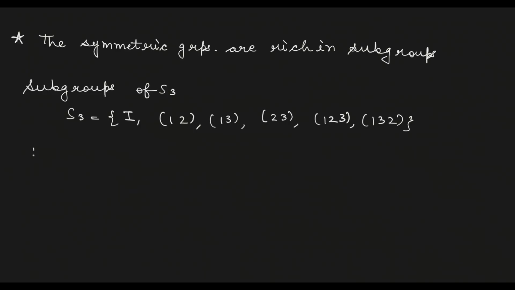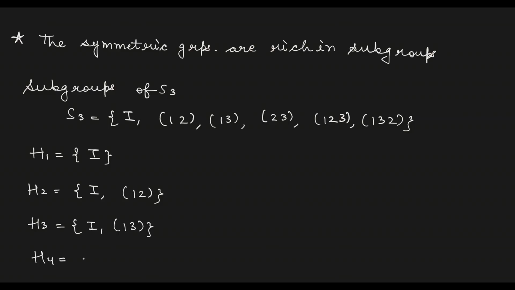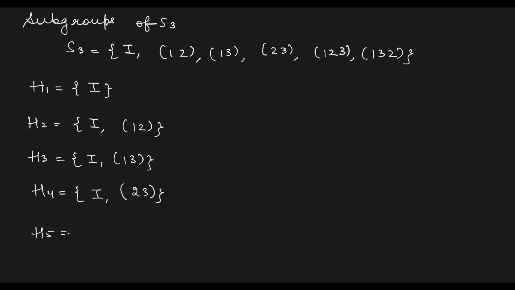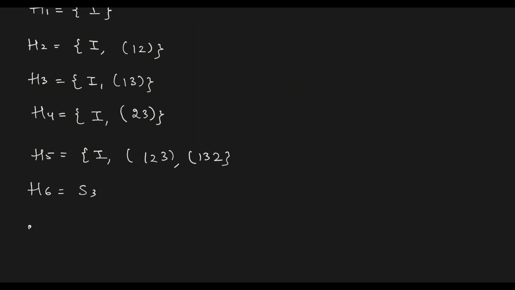So H1, this is identity. H2, this is identity comma 1 2. H3 can be identity comma 1 3. H4, identity comma 2 3. H5, identity comma 1 2 3, 1 3 2. And H6, complete S3. So S3 has 6 subgroups.